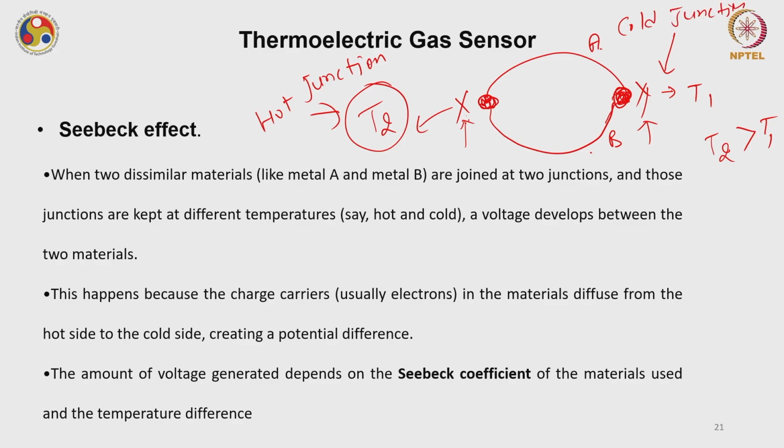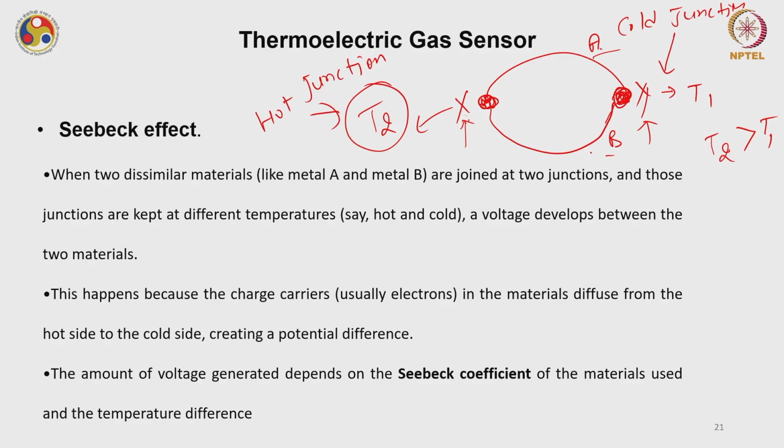When two dissimilar metals A and B are joined at junctions X and Y, and one is at a higher temperature and one at a lower temperature, a voltage will develop between the two materials. This happens because the charge carriers in the materials diffuse from the hot side to the cold side, creating a potential difference.